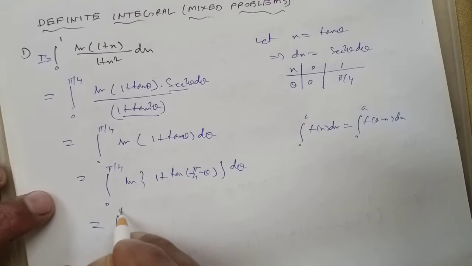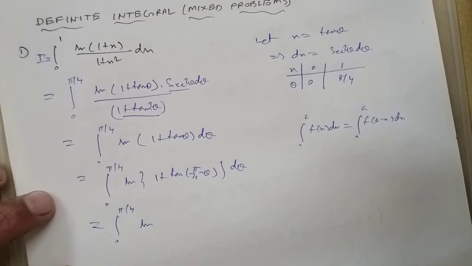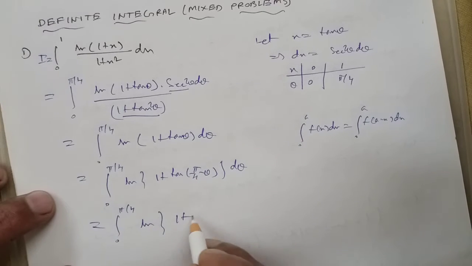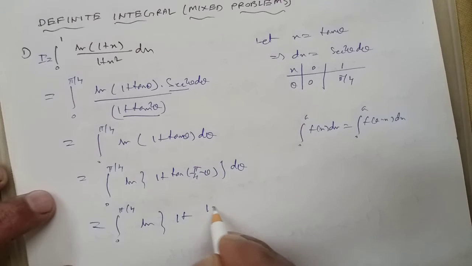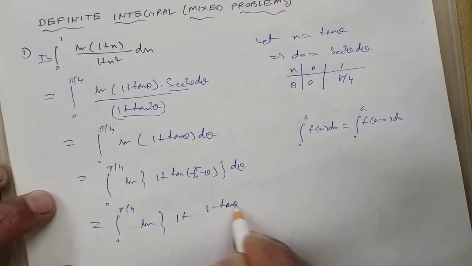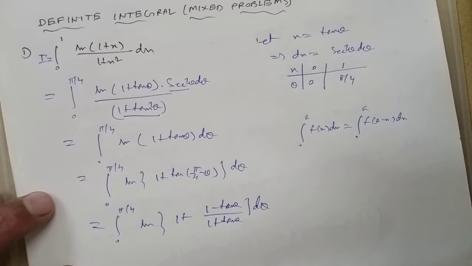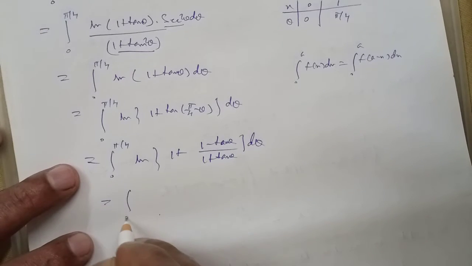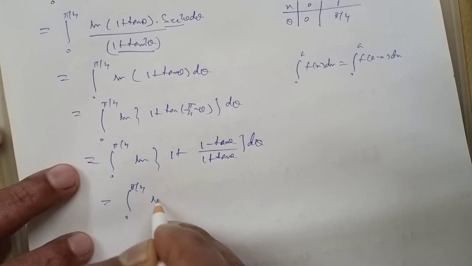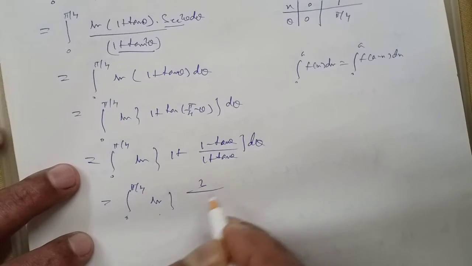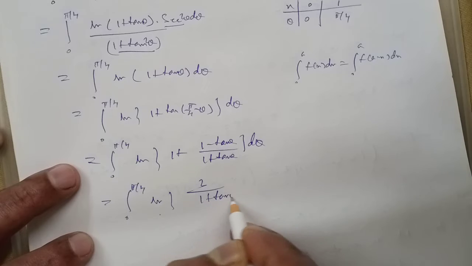This becomes 0 to pi by 4 ln of 1 plus, what is tan of (pi by 4 minus theta)? This is (1 minus tan theta) by (1 plus tan theta) d theta. Now if we simplify it, we get ln of 2 by (1 plus tan theta).